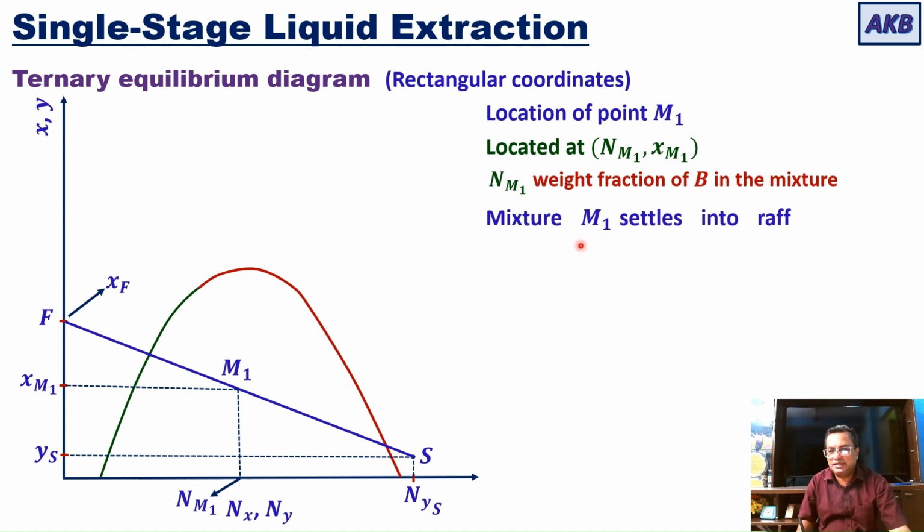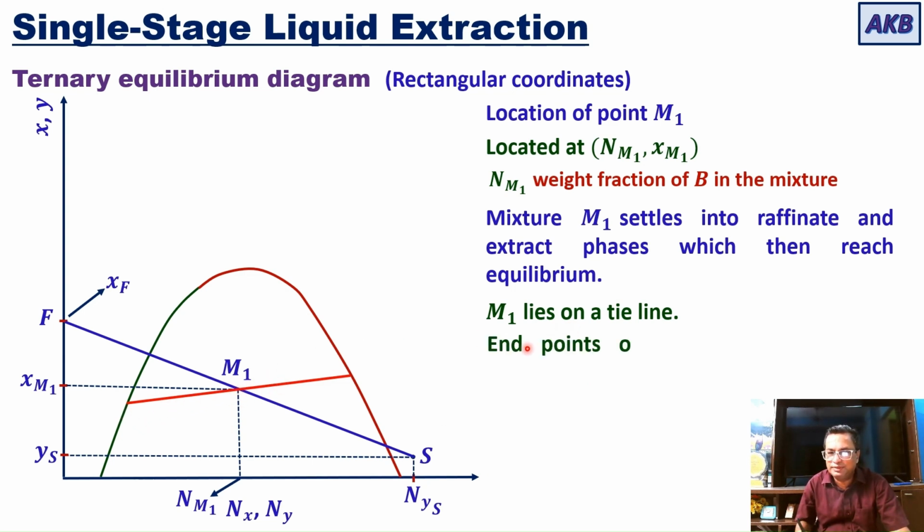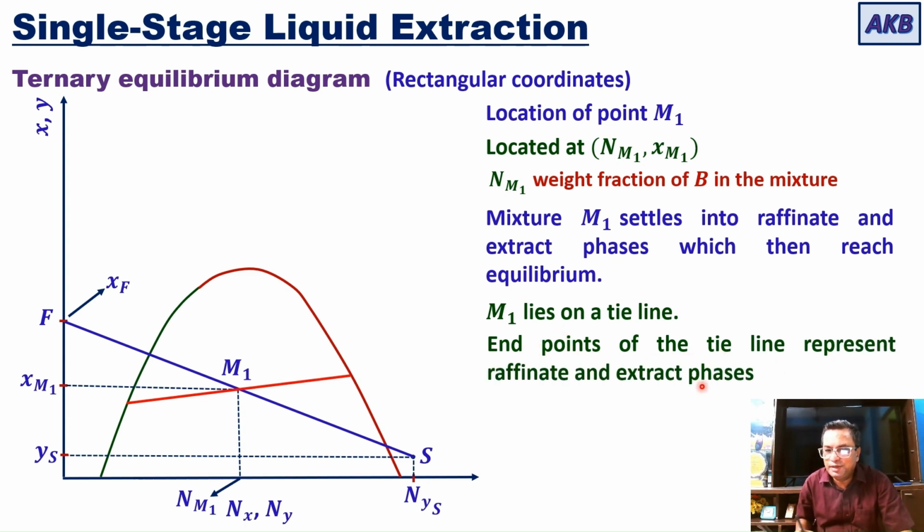Now, mixture M1 settles into raffinate and extract phases, which then reach equilibrium, and therefore point M1 also lies on a tie line. I have drawn the tie line that is passing through M1. The endpoints of this tie line represent the raffinate and extract phases, so we have points R1 and E1.